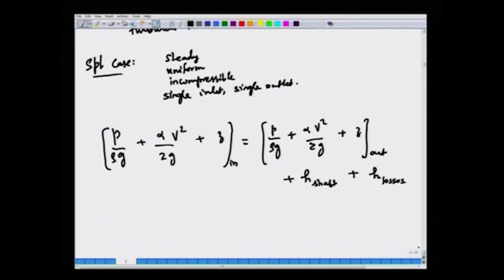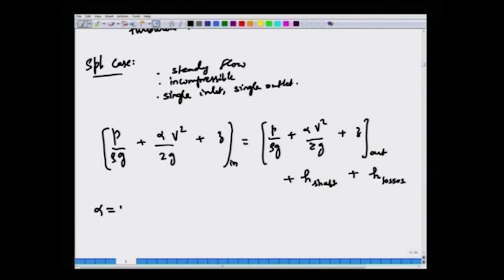So, this is a special case where you assume steady flow, incompressible fluid, and single inlet, single outlet, but sorry, we are not considering uniform anymore, because you are removing the uniform flow assumption by introducing the kinetic energy correction factor.